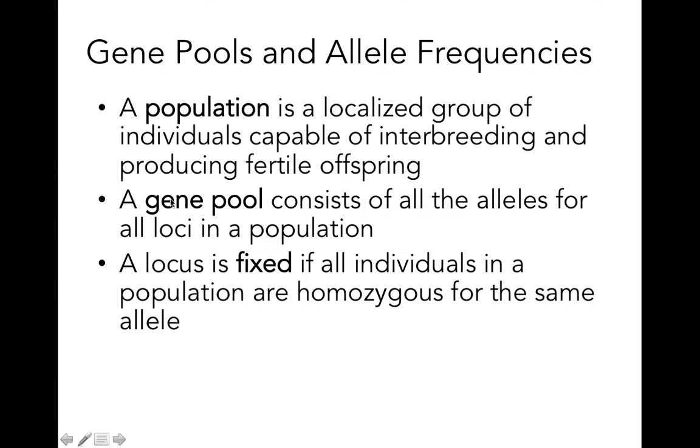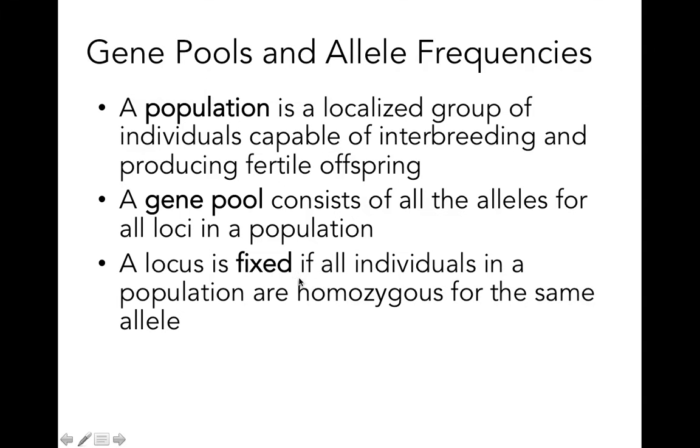A gene pool consists of all the alleles for all loci in a population. If there is only one allele for a gene in a population, every individual in that population is homozygous for that allele, and we say that locus has become fixed.